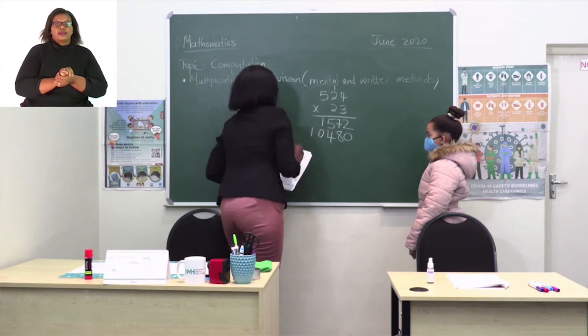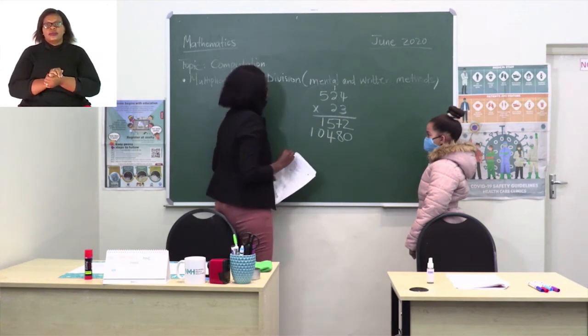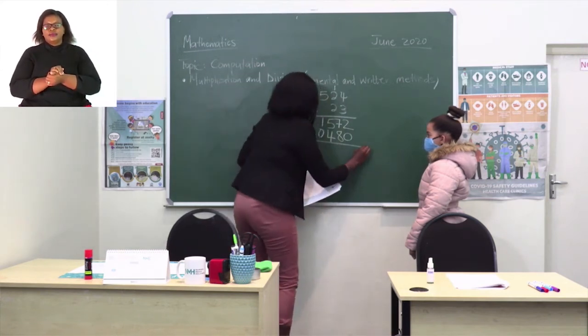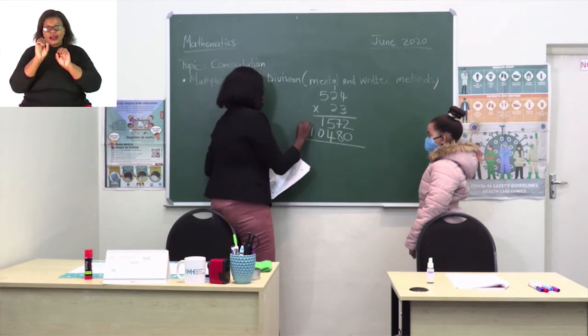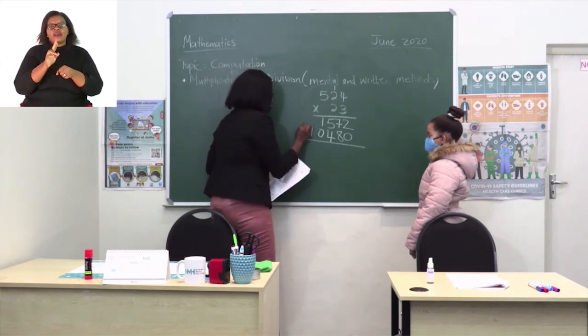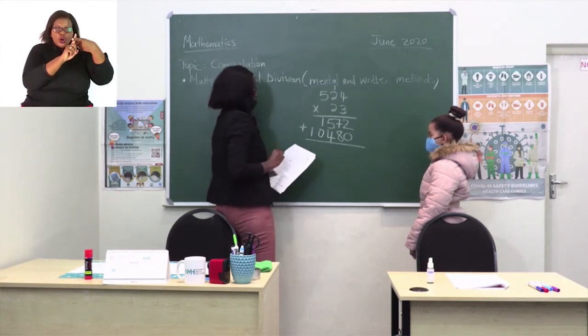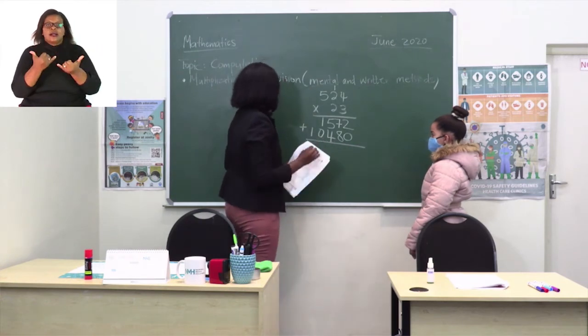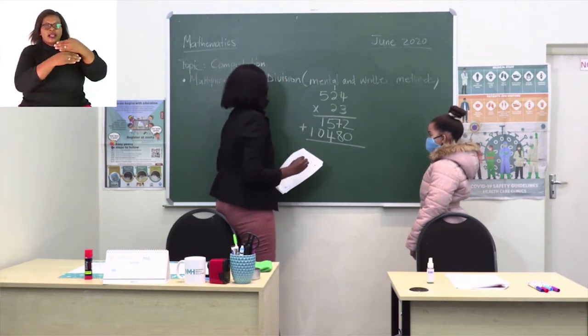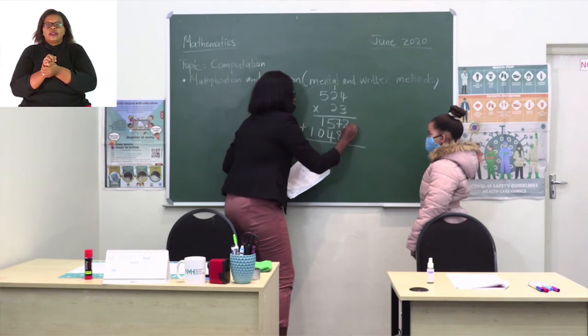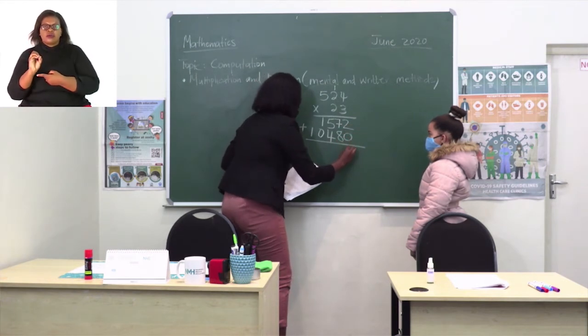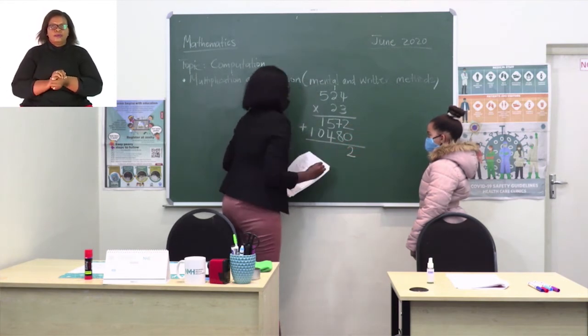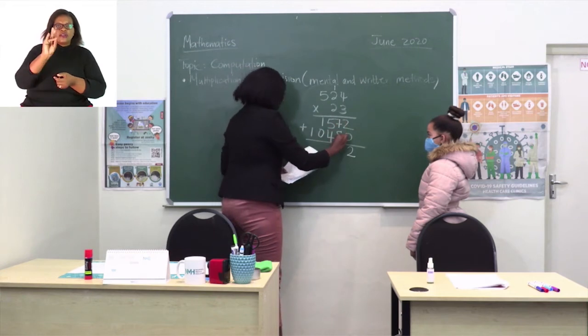Then we write down our 10 in full. Underline for us to get our product. Remember the plus sign up here next to it. Good. We start to add the numbers together. What is 2 plus 0? It is 2. 7 plus 8.